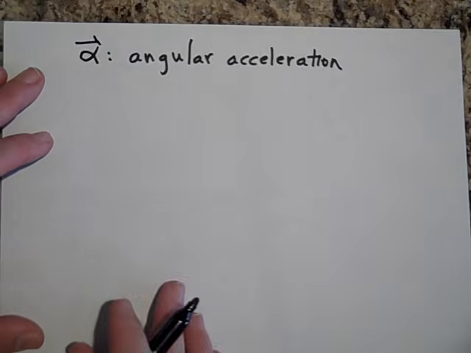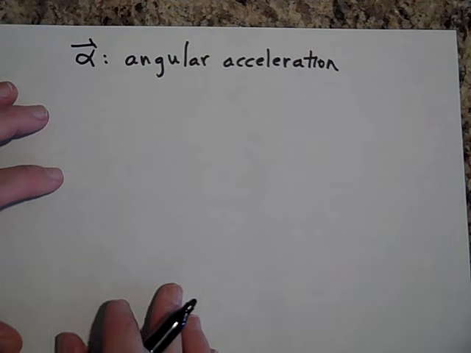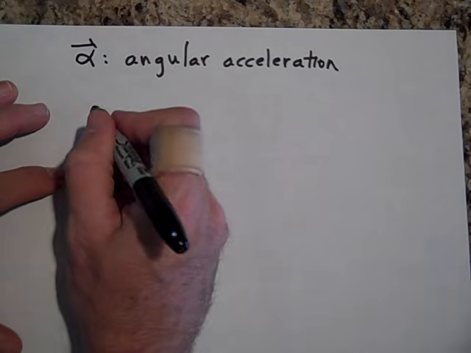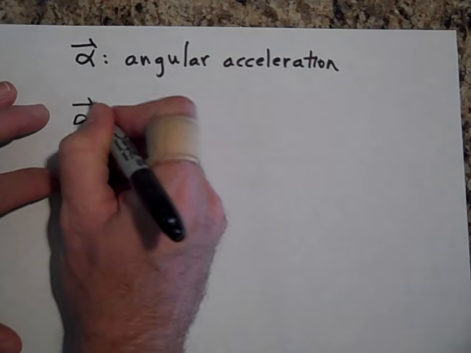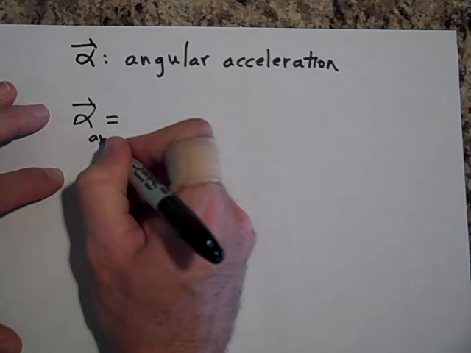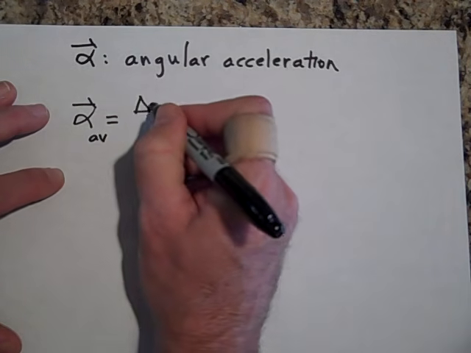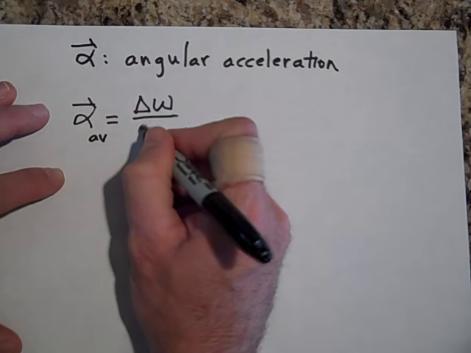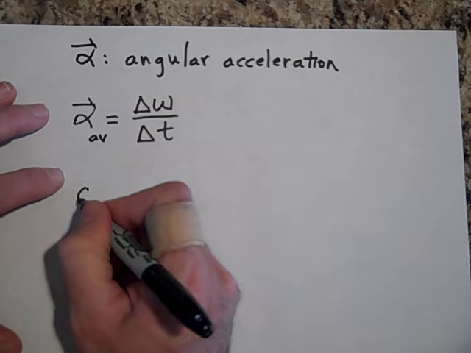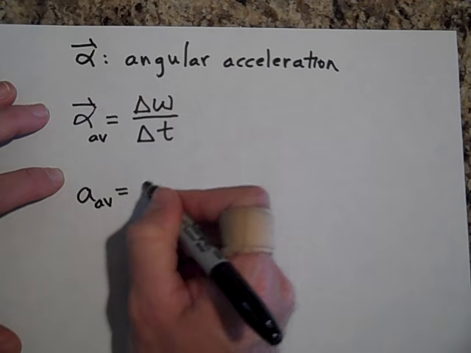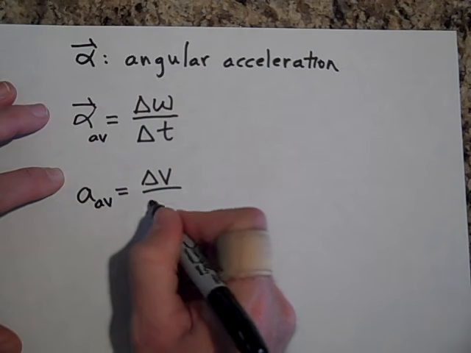I'll tell you about its vector nature in another video. The average angular acceleration is delta omega over delta t, just like a average was delta v over delta t.